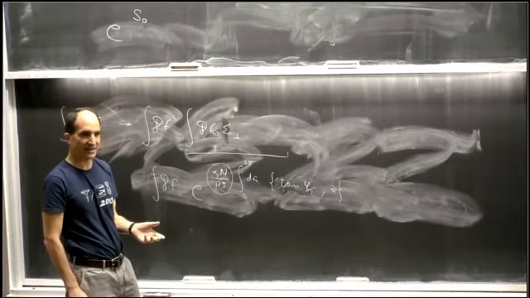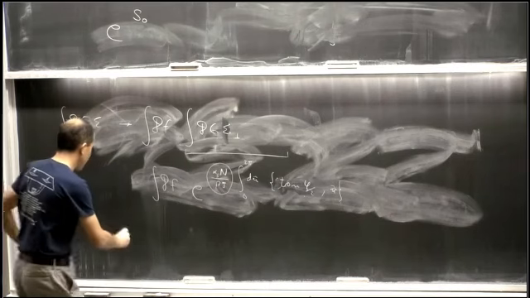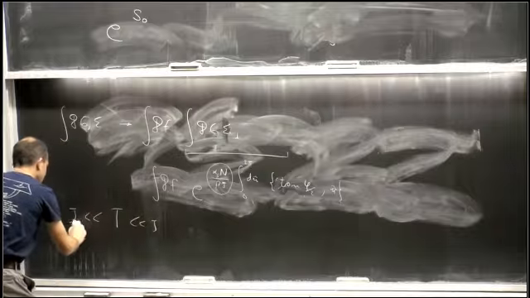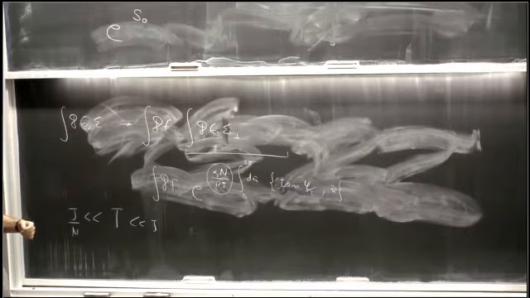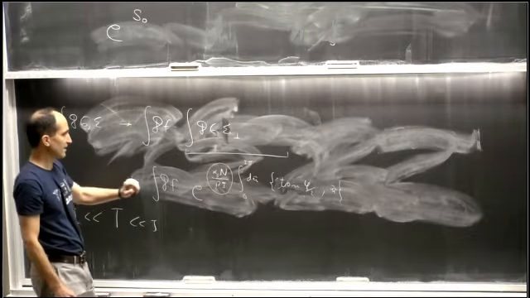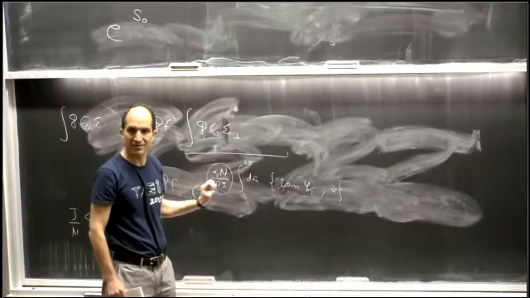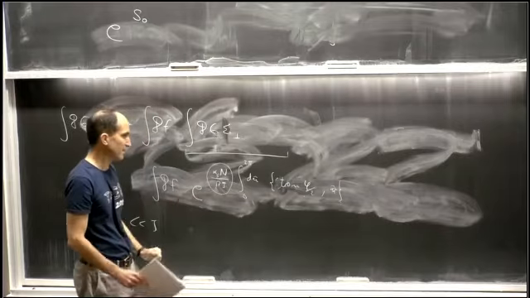Remember, yesterday we discussed that first we were going to consider temperatures that were much less than j and much bigger than j over n, right? That was to trust the classical limit. What we're going to do now is go to temperatures smaller than j over n, okay? We can do that if we can quantize this theory, or in other words, do the functional integral of this theory.